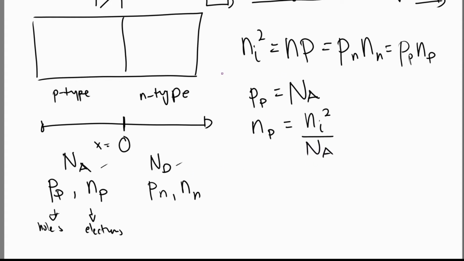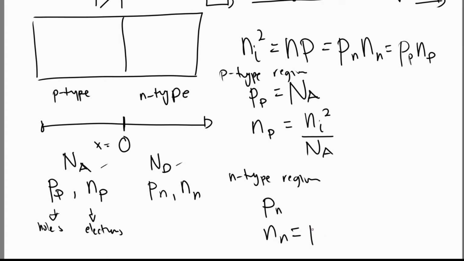So this is for the p-type region. For the n-type region, the concentration of your electrons will be equal to the number of donor atoms, Nn equals Nd. Meanwhile, Pn from the mass action law will be equal to ni squared over Nd.